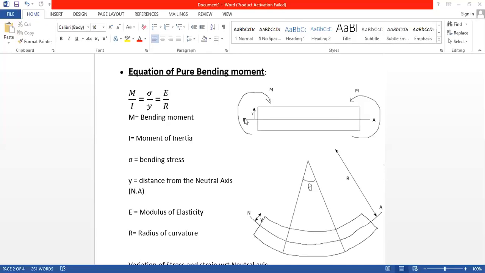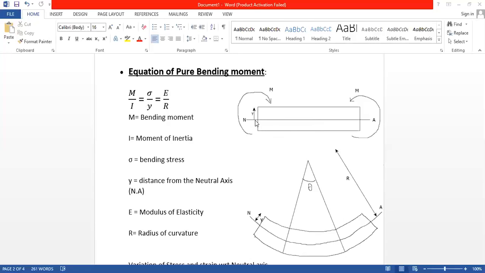Neutral axis is the axis through which any layer of the beam passing along this axis has zero compressive and tensile stresses. Hence, for any layer passing through the neutral axis, the compressive strain as well as the tensile strain are both zero. So the layer passing through the neutral axis experiences no strain, no stress.